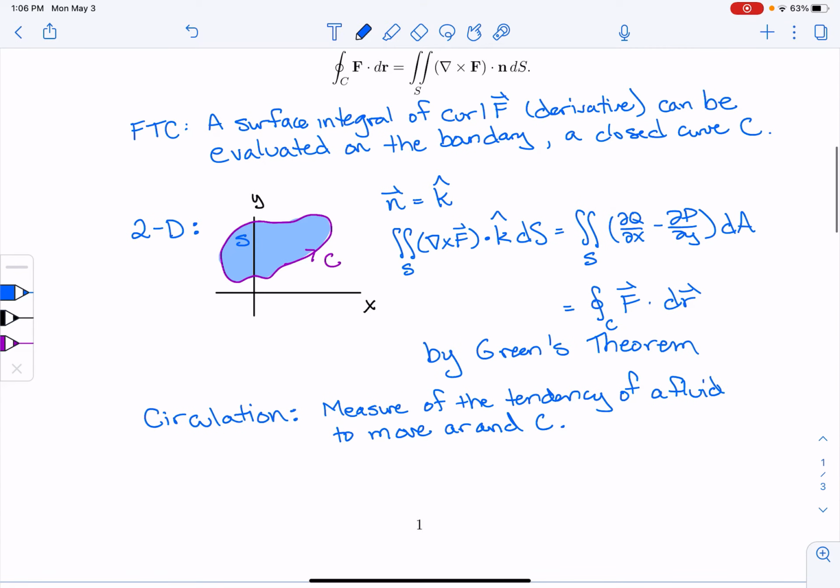In this case, if I have my boundary C, let's imagine that this is my boundary C. Then I'm going to sum up a bunch of curls of my vector field F using that surface integral.